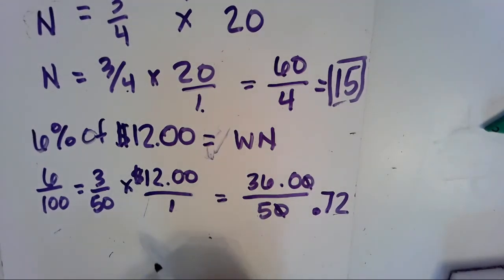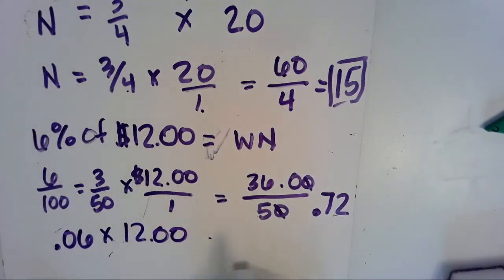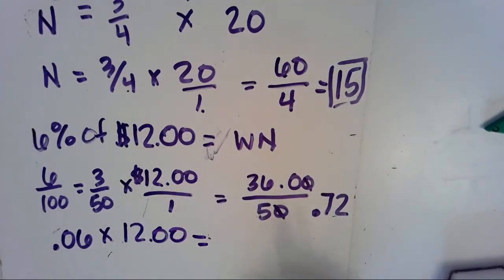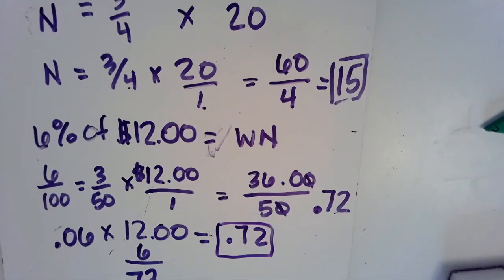We could also say 0.06 times $12 equals 72. 6 times 12, and we can figure out the decimals here in a minute, is going to equal 72. Move our decimal place over 2. Same thing, gives us 72 cents.